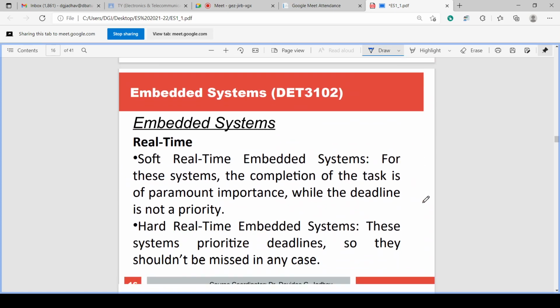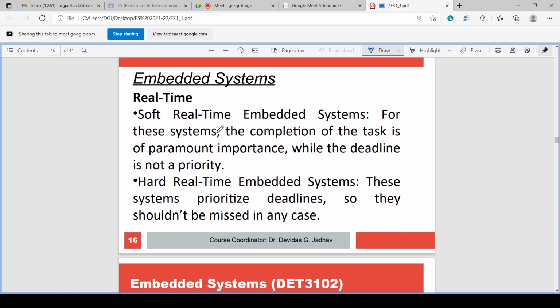So after real-time, there are two types, the first is the soft real-time embedded system. For these systems, the completion of the task is of paramount importance. The task must be completed, whatever time it takes. Delay will be incorporated, that is not important, so that is allowed.